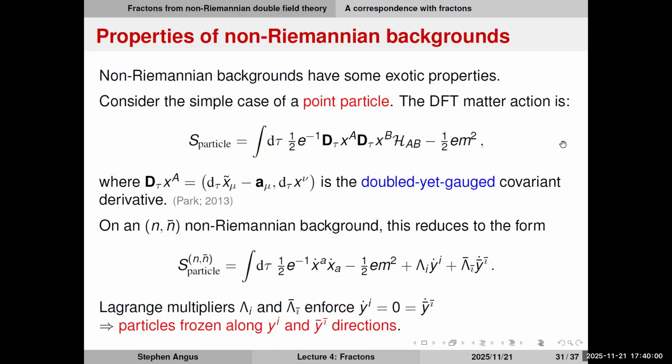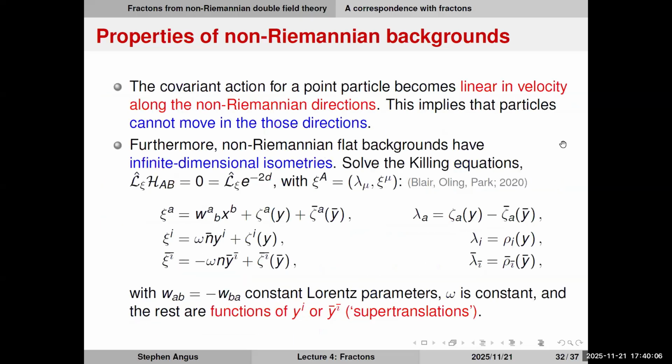So this appears to enforce restricted mobility. As we've seen, this covariant action for a point particle becomes linear in velocity along the non-Riemannian directions, and this implies the particles cannot move in those directions.